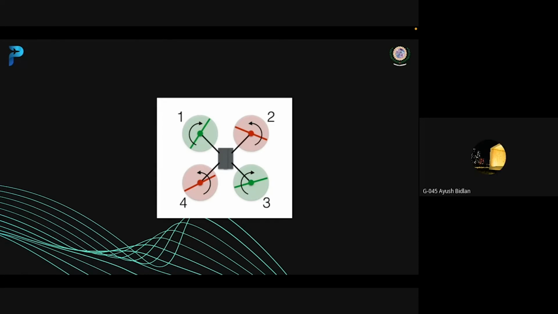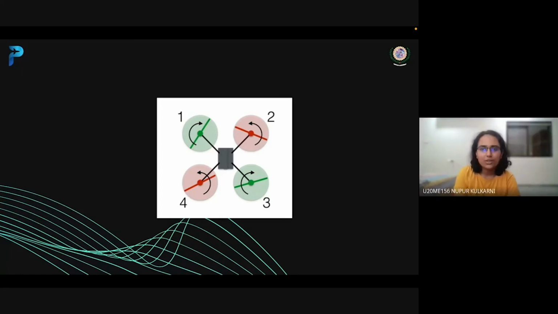Yeah, it might flip. Okay, it will rotate, that's true, but let's dig a little deeper into this. Consider if all the rotors, all these 4 rotors, are rotating in clockwise direction. Then, because of Newton's third law, we all know what Newton's third law is. It involves action-reaction pairs.